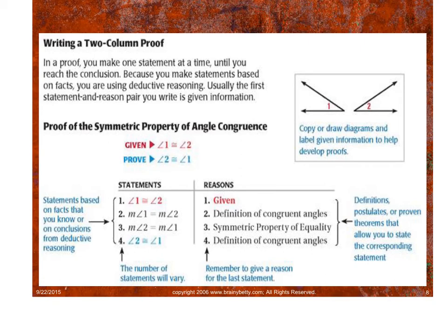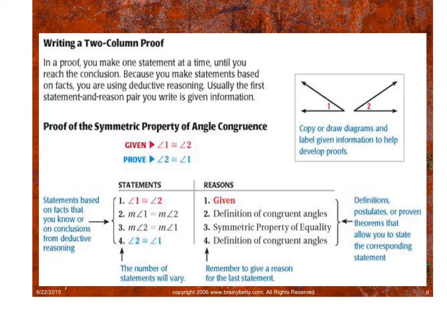Usually, the first statement will be the given, and that would be your reason. If you're not given a picture, draw a picture. If your pictures aren't labeled with congruency marks, add your congruency marks so you can have a better visual of what's happening.